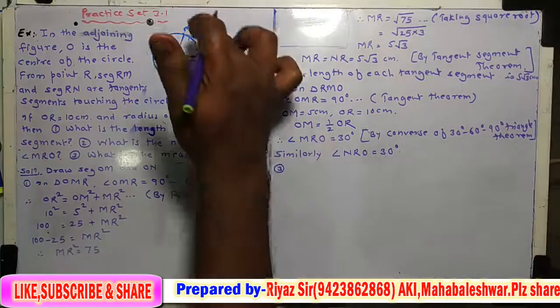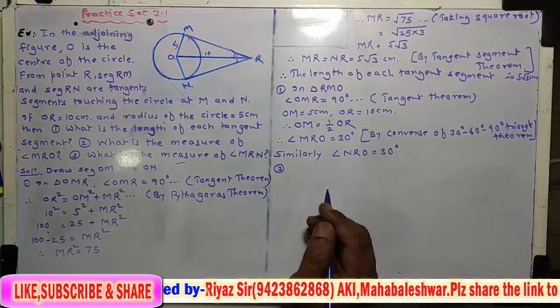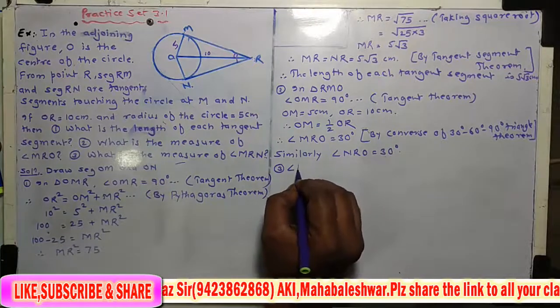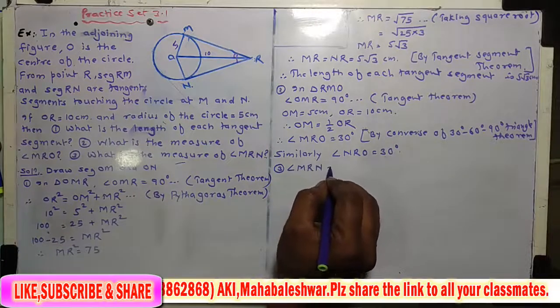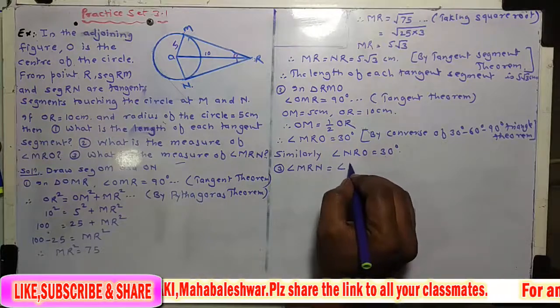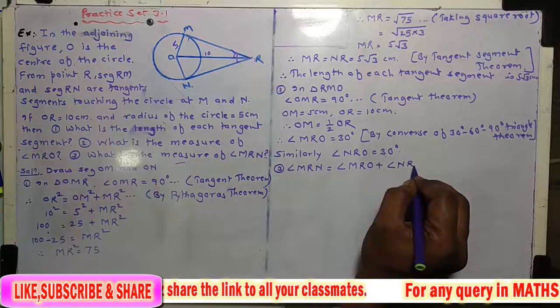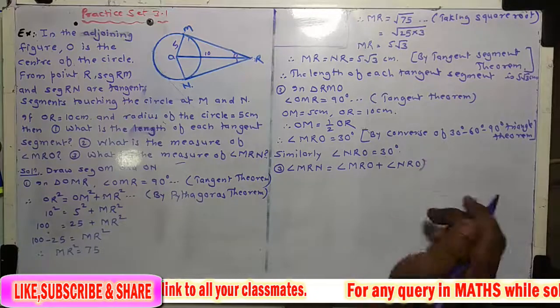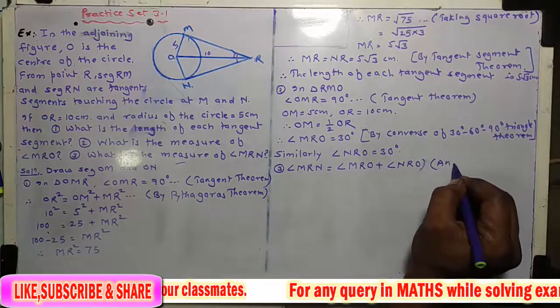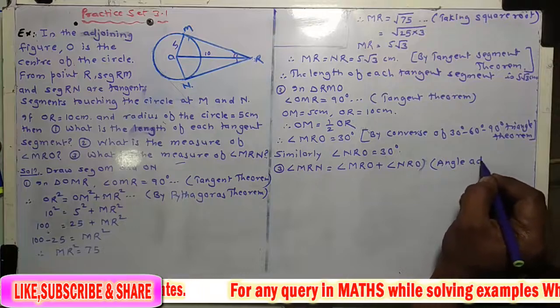Now third, we have to find angle MRN. So angle MRN is equal to angle MRO plus angle NRO by angle addition property.